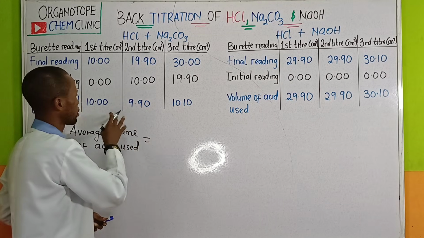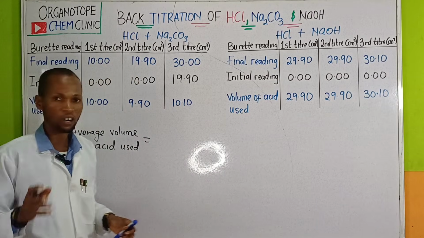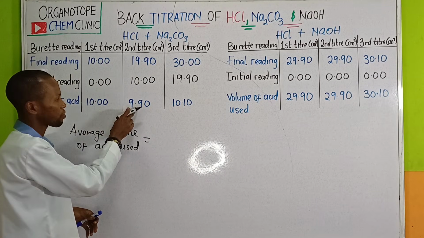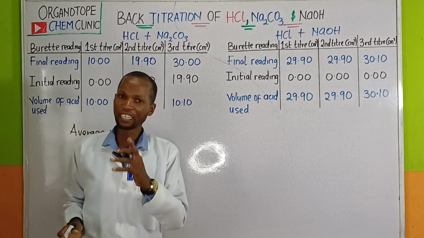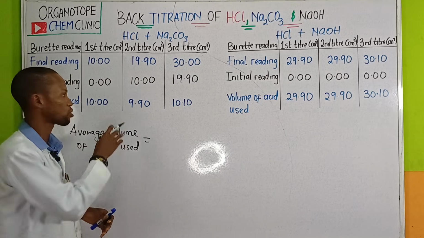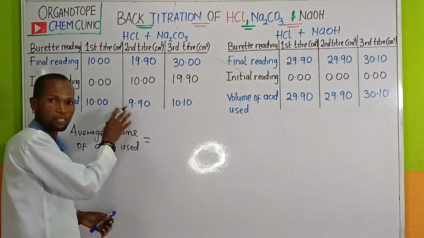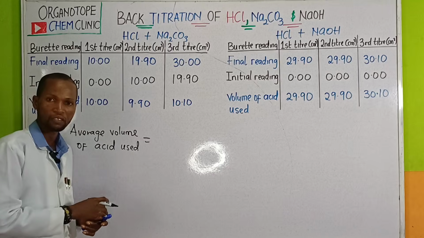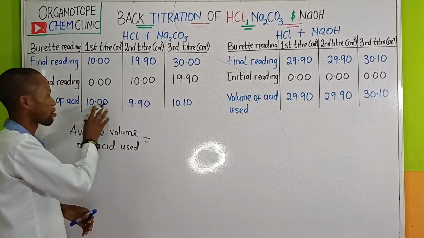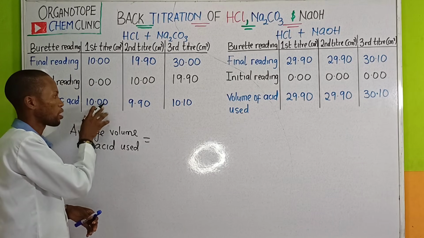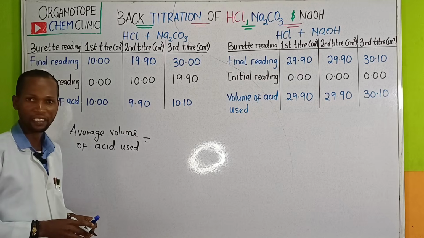Note that we are expected to pick the concordant values. We have two concordant values right here. A value is said to be concordant when we have 0.1 difference between two or more values. So the two concordant values from our results are 10.00 and 9.90.